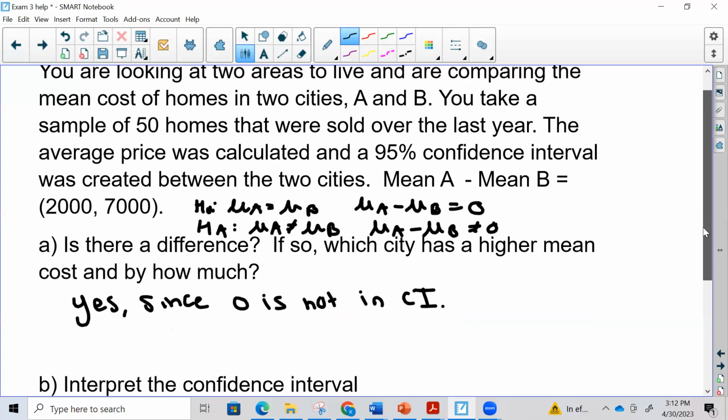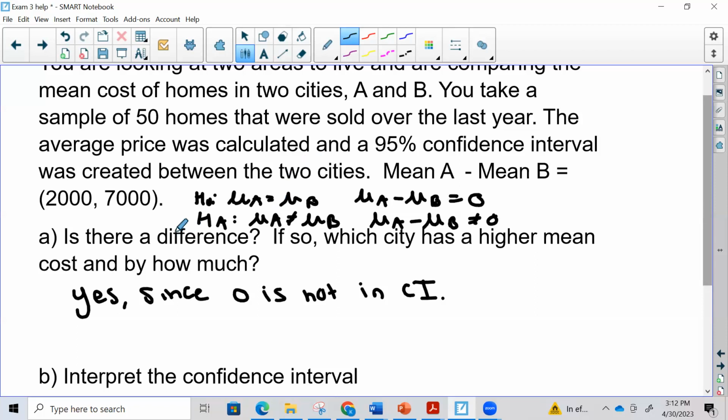And then which one has a higher mean and by how much? Remember, this interval is telling me the difference in the cities. This interval is saying that mean A minus mean B, so the average of town A minus the average of town B, we're 95% confident that the true difference is somewhere between $2,000 and $7,000.